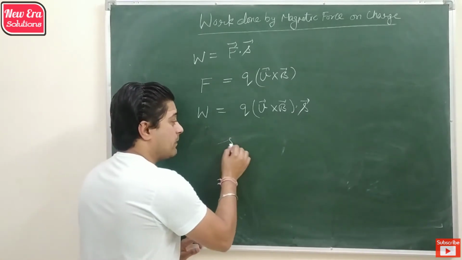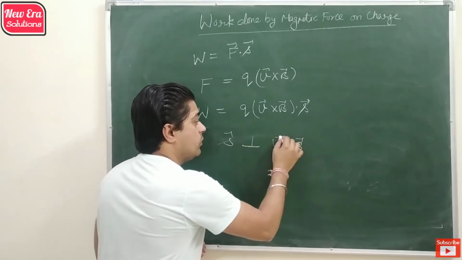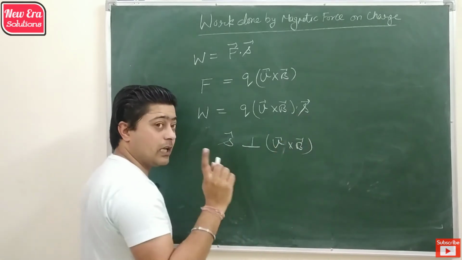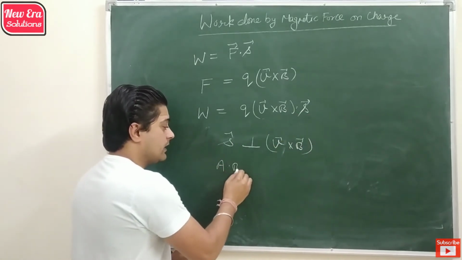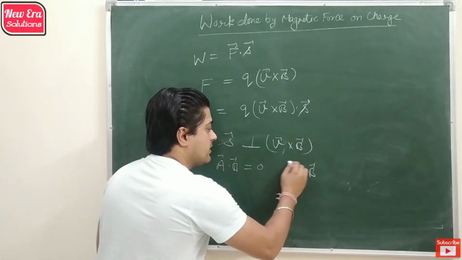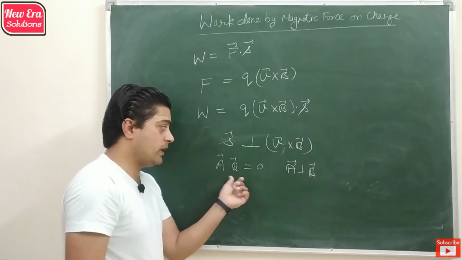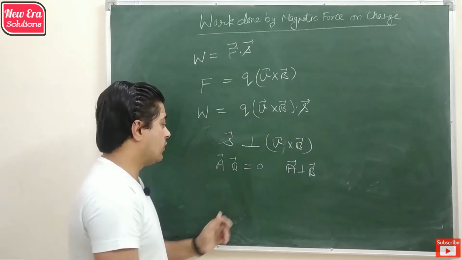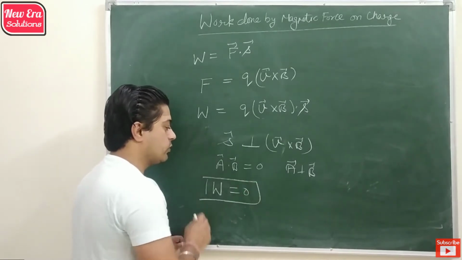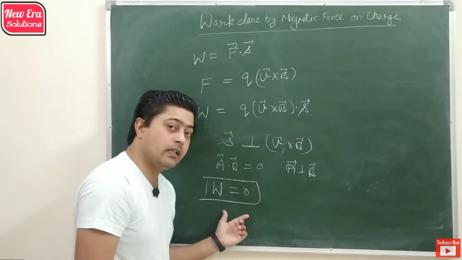So the displacement is always perpendicular to V cross B, and if two vectors are perpendicular to each other, then their dot product is always 0 from the vector property. So if A is perpendicular to B, then A dot B is 0. From that we can say the work done by a magnetic force on a charge is always 0.